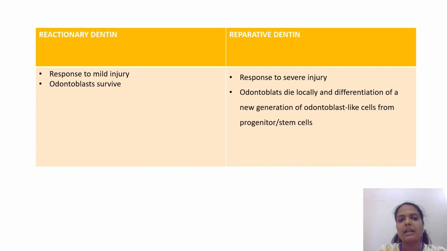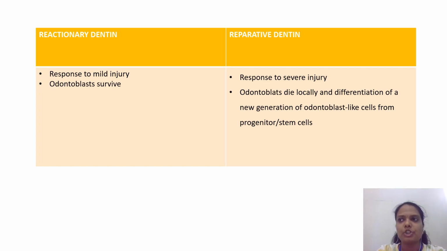The other two terms are reactionary dentin and reparative dentin. These two terms are commonly seen during our vital pulp therapy session. They are both tertiary dentin, but reactionary dentin is produced by odontoblasts as a response to a very mild injury.